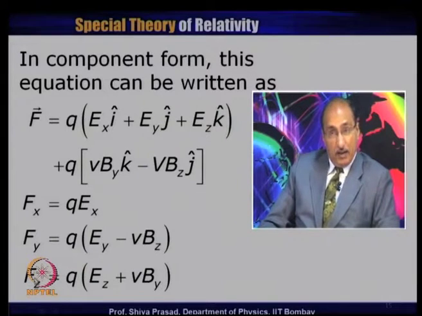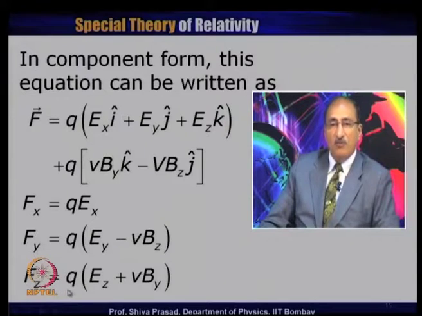Now, let us pick up the z component of the force. I have to look only at the k terms. There is a k here, so this is Ez k. There is a k here, and there is a plus sign here. So, Fz will be Ez plus V By, of course multiplied by q.